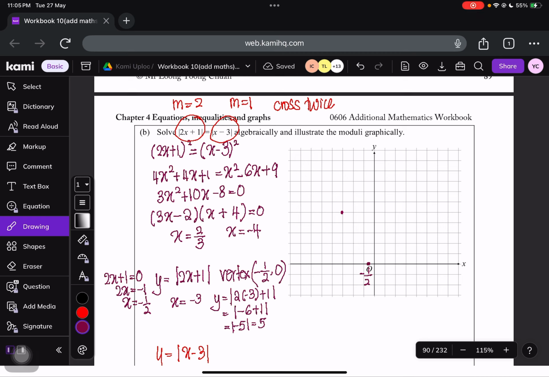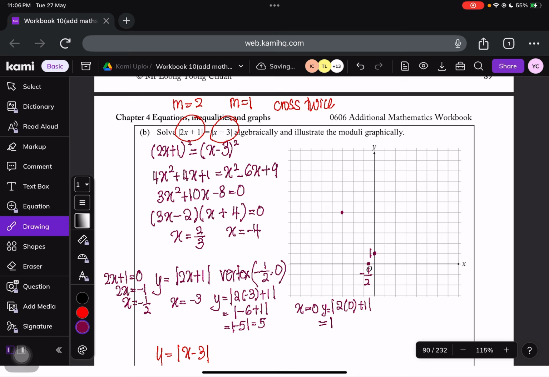Then you choose one point on the right side. Maybe I choose 0. When x equals 0, I have modulus of 2 times 0 plus 1, so y equals 1. Just 1, so it's just here. Now this step, like I said, if you don't want to do it, it's fine.